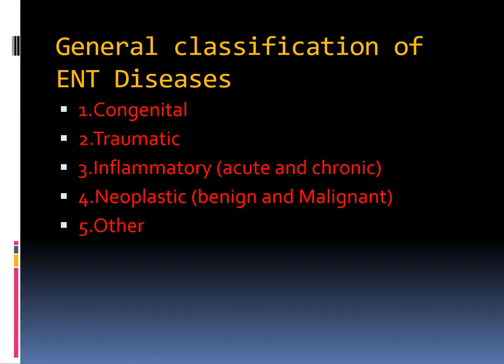It may be traumatic, like 1, 2, 3, 4, and inflammatory. Is it acute? Is it chronic? Neoplastic, benign, malignant, other. So always put this broad classification in your head. It will get easier for you to answer lots of questions in medicine in general.